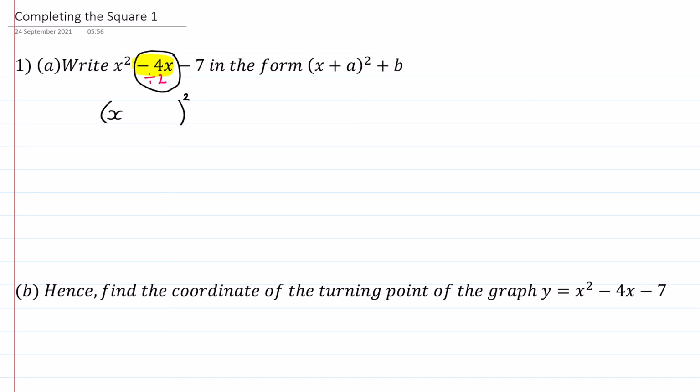So -4 divided by 2 is -2. So that's the first part of completing the square. It is simply focusing on the coefficient of x, and you put it into that square bracket, and this is an x, not an x squared.